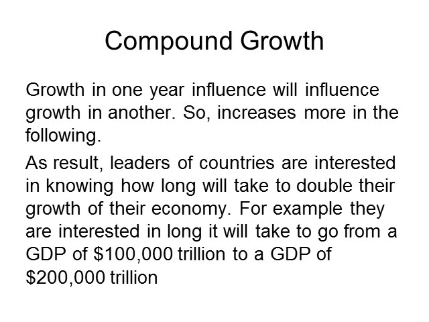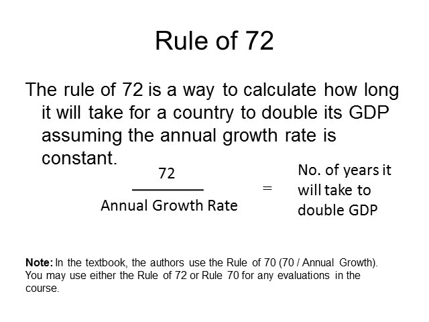One of the things that happens is that we might want to know how long it might take for an economy to go from a GDP of, say, $100,000 trillion to a GDP of $200,000 trillion. We need to have a formula that allows us to calculate compound growth. And it turns out there's two very simple ones.